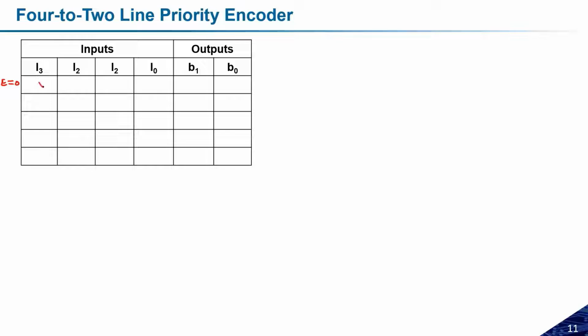So whatever the case we have here, the output will always be 0. Enable is equal to 0. I am considering the active high case.